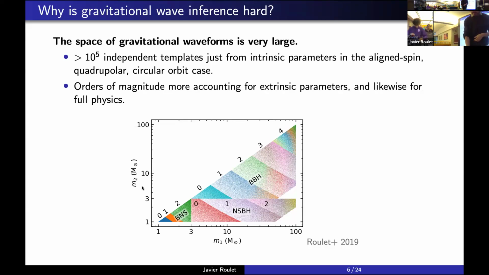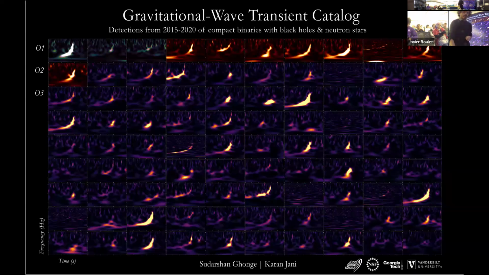This is the template bank that we use for searching for these signals, and that's the size of the template bank. So there are 10 to the 5 independent shapes. Just considering the intrinsic parameters, the extrinsic parameters like the distance, the time of arrival, and sky location add more variability on top of this. So we certainly don't want the model to have to figure all this out on its own.